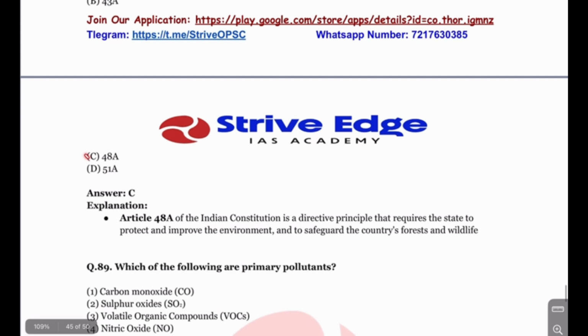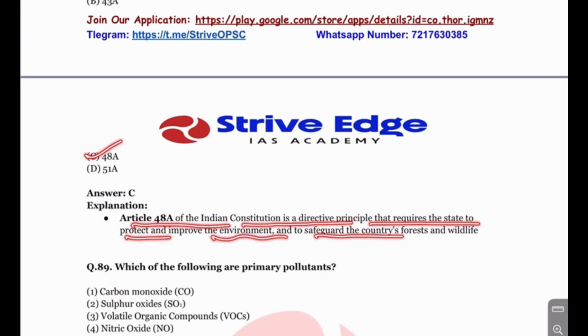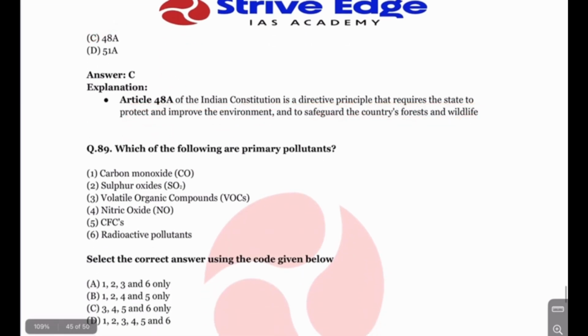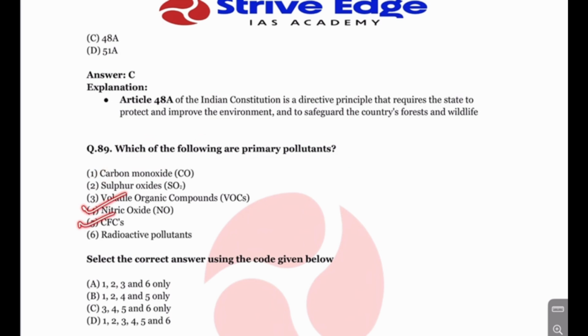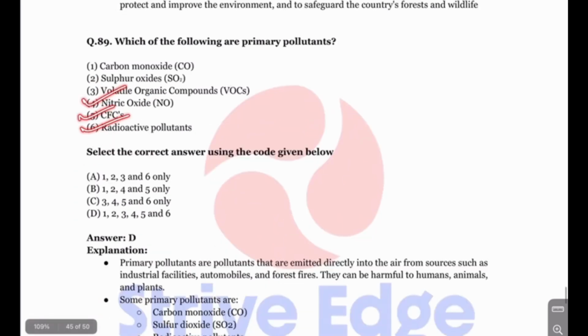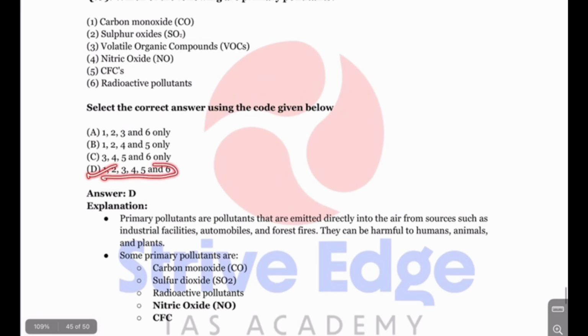Article 48A of the Indian Constitution is a directive principle that requires the state to protect and improve the environment and safeguard the country's forest and wildlife. Okay, so which of the following are primary pollutants? It is carbon monoxide, sulfur dioxide, volatile organic compounds, nitric oxide, chlorofluorocarbon, and radioactive pollutants. So answer is D, that is all are primary pollutants.